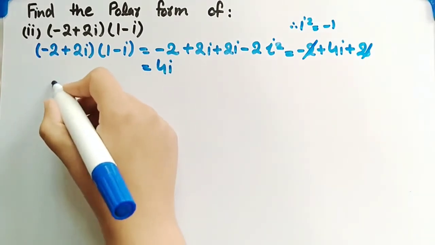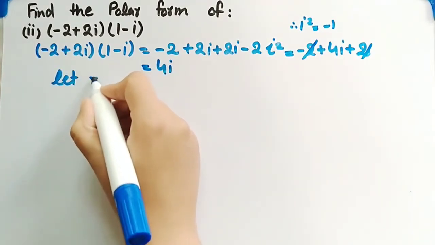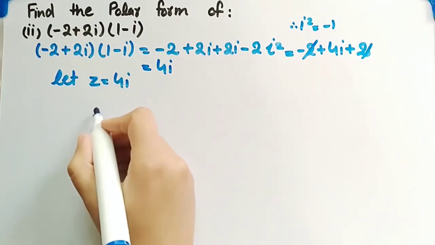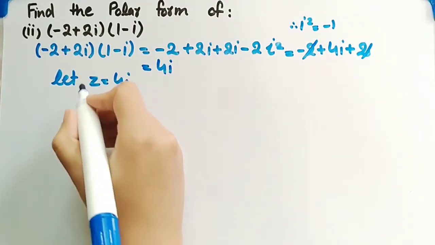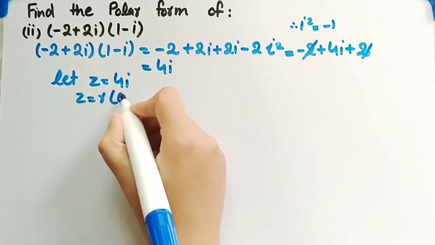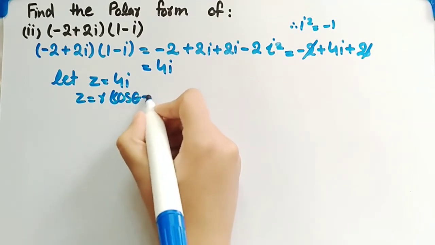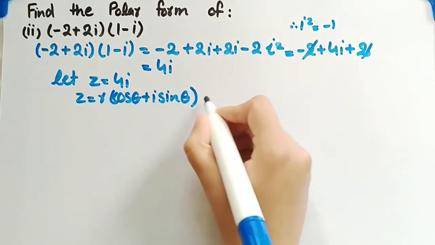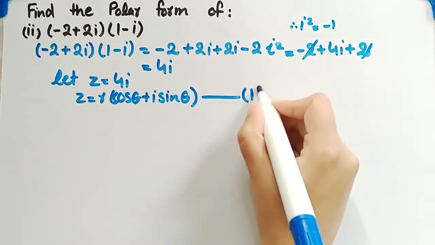So let z is equal to 4 iota, and we know that the polar form of any complex number z is equal to r(cos theta plus iota sin theta). Let it be named as equation number 1.